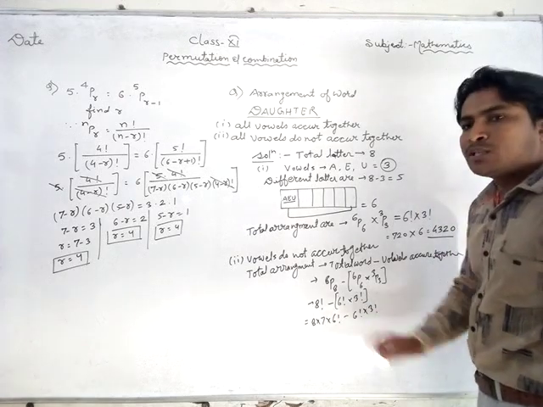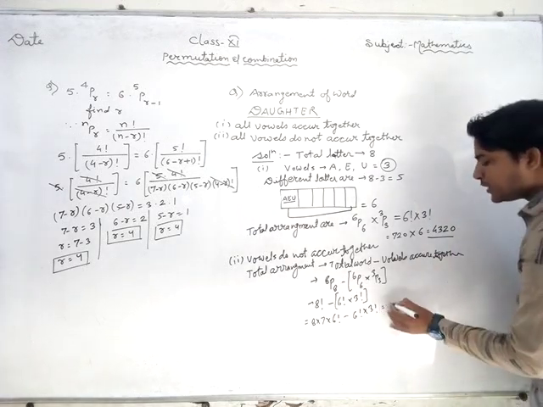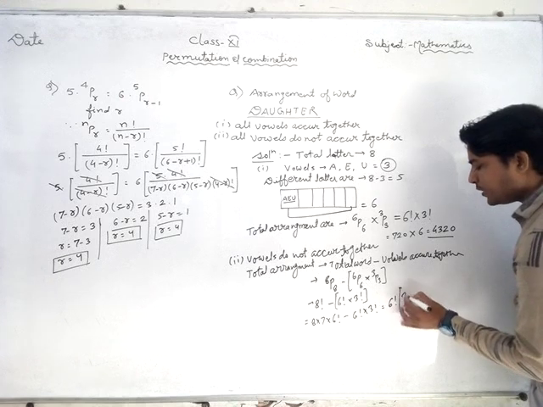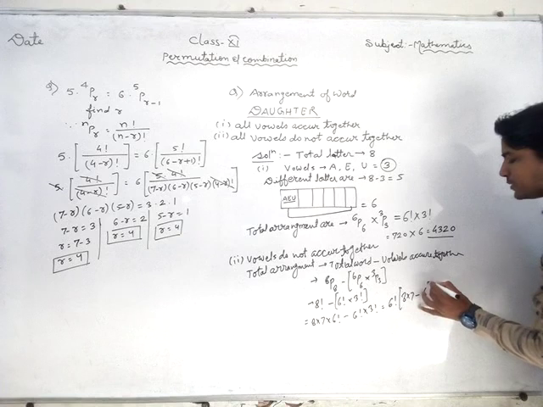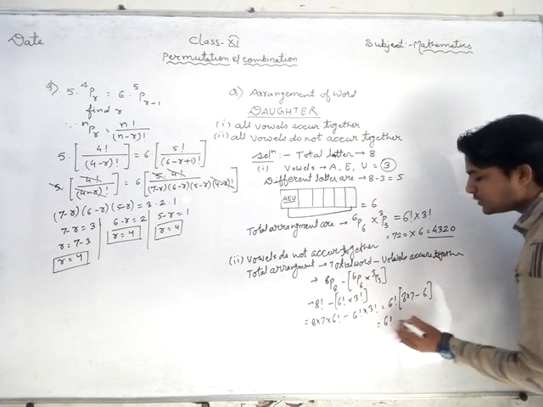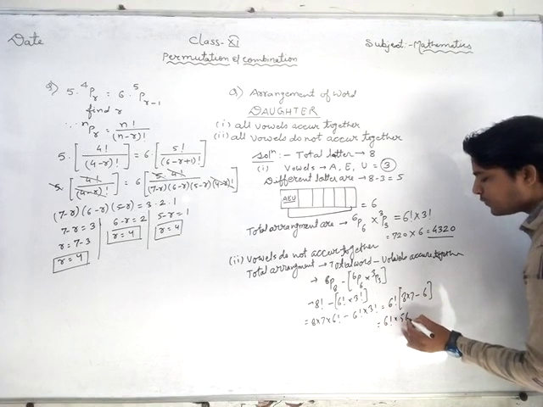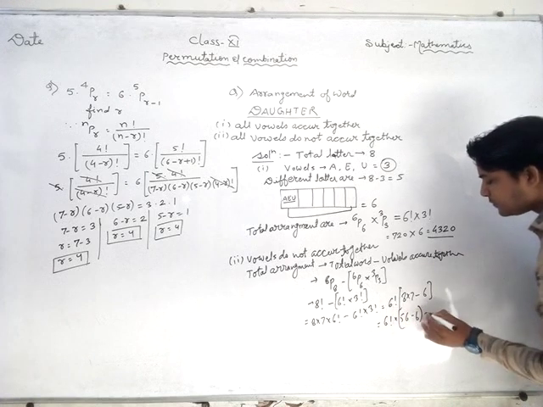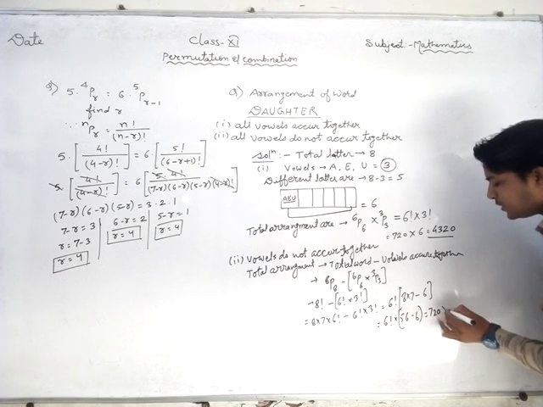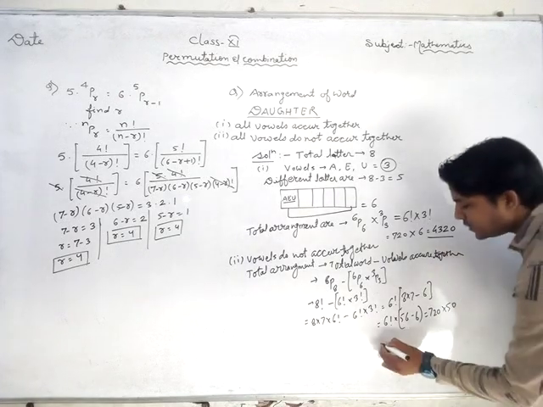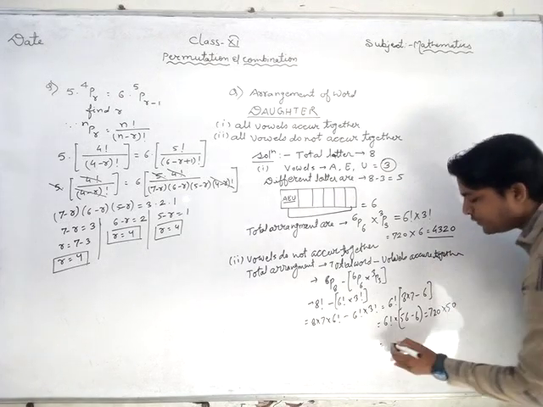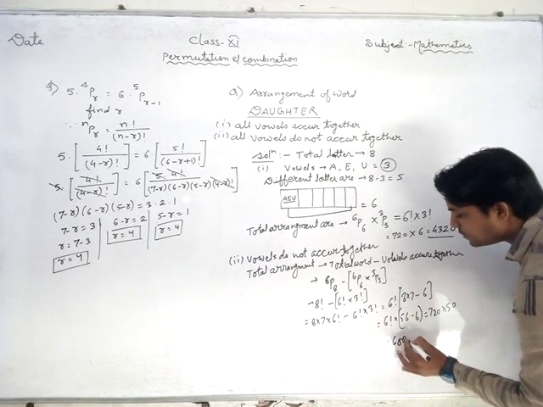Taking 6 factorial common, we get 6 factorial into (8 into 7 minus 3 factorial). 3 factorial means 6, so 6 factorial into (56 minus 6), which is 720 into 50, that means 36,000.